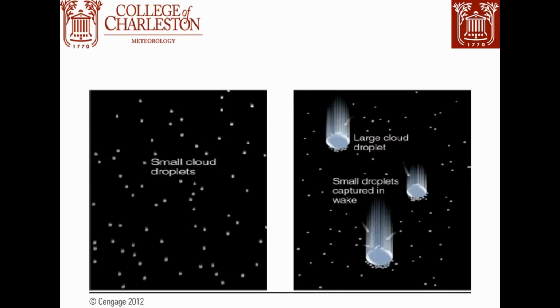So in terms of the picture, as small droplets collide and coalesce, they grow in size to become large cloud droplets. And as they get larger, it becomes easier for them to fall based upon their weight.